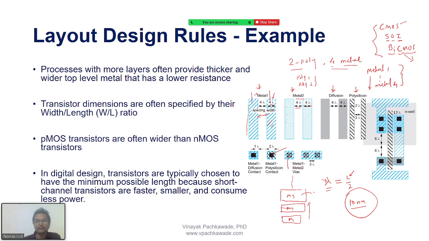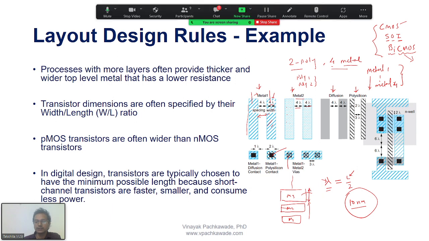The thickness of these layers will be higher compared to the earlier layers. M3 will have higher thickness and width than M2, and M2 higher than M1. Why? Because that provides lower electrical resistance.